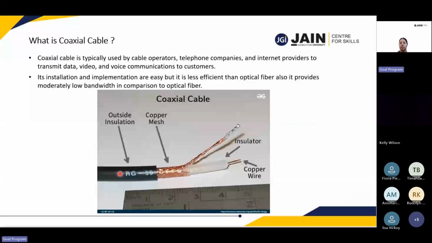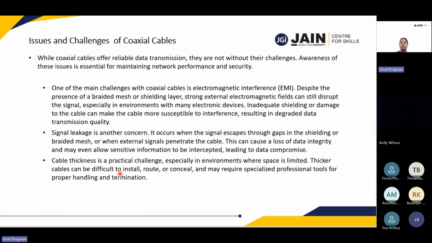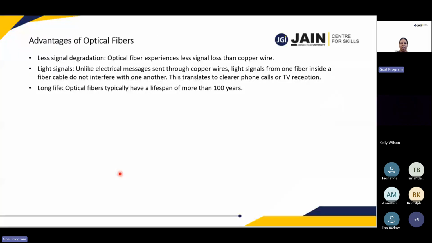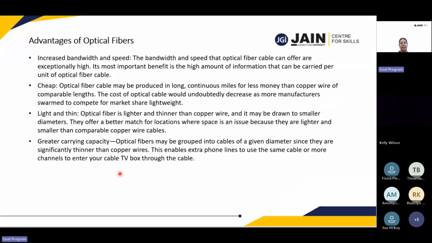But if you talk about the fiber optic cable, it is much thinner than the conventional cables we have, right? So it's lighter and thinner, light in weight, and it may be drawn to smaller diameters. They offer a better match for locations where space is an issue because they are lighter and smaller than comparable copper wire cables.